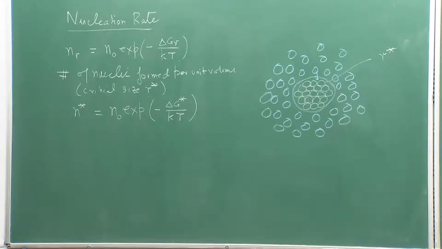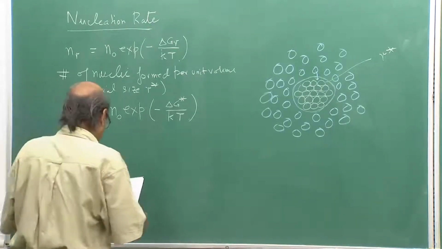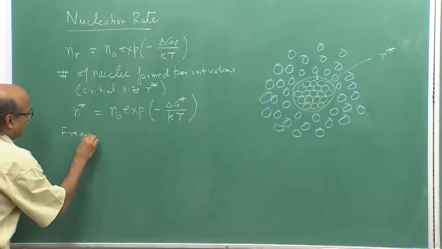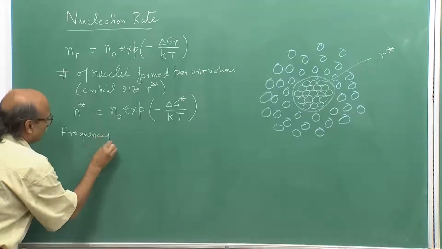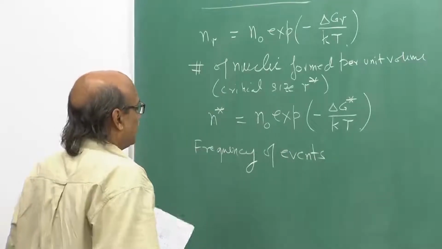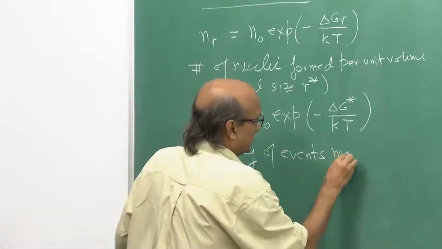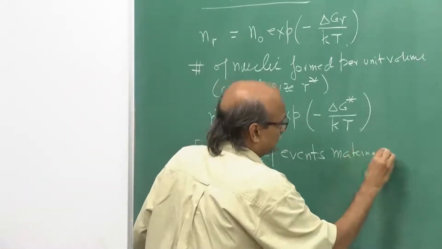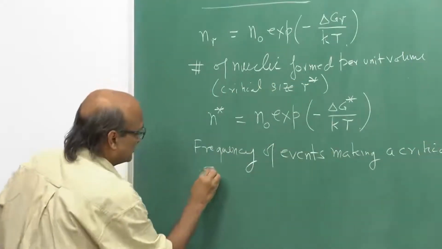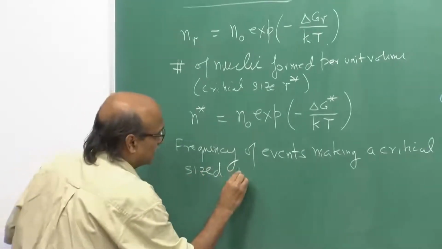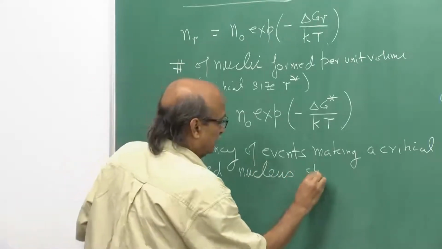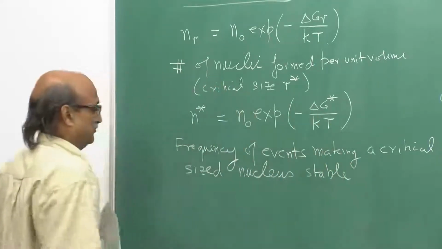So, let us continue further, that what is the frequency of events making a critical size nucleus stable.